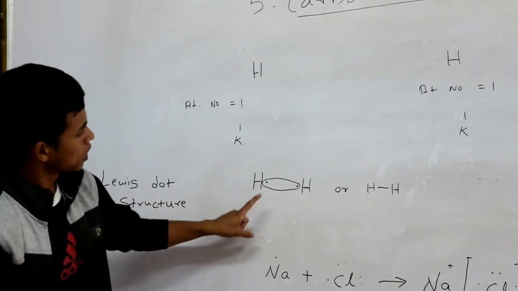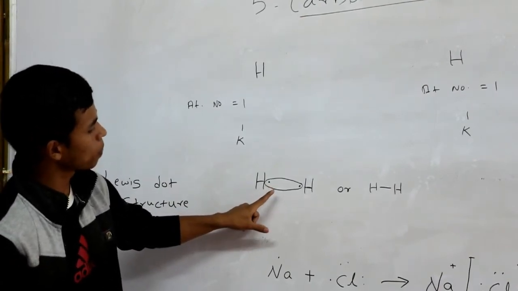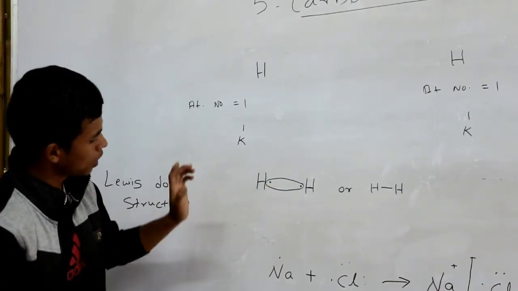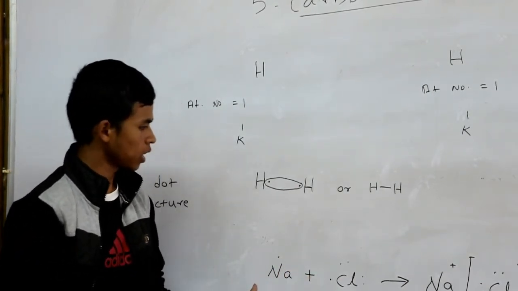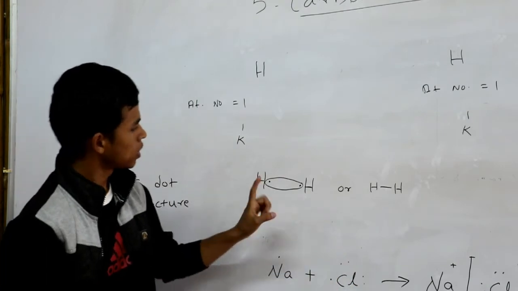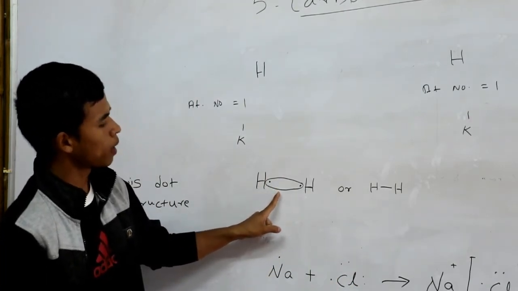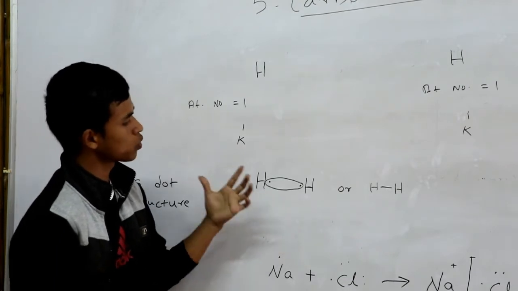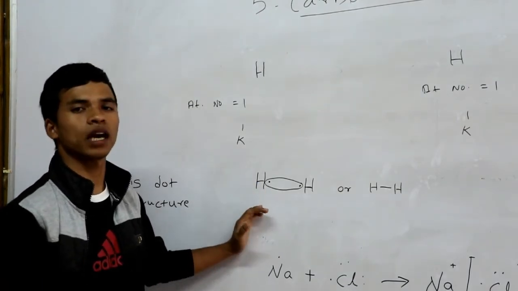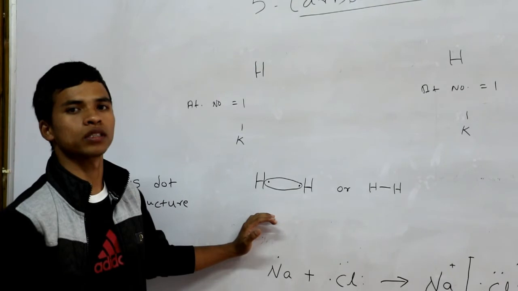See, this type of bond is formed not by gaining and losing of electrons, like we have seen in the case of sodium chloride, but by sharing of electron pairs. This type of bond, which is formed by sharing of electron pairs, is called a covalent bond.